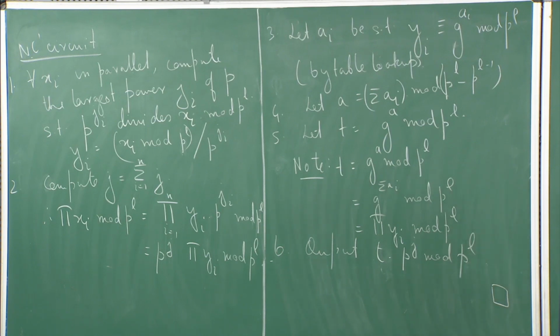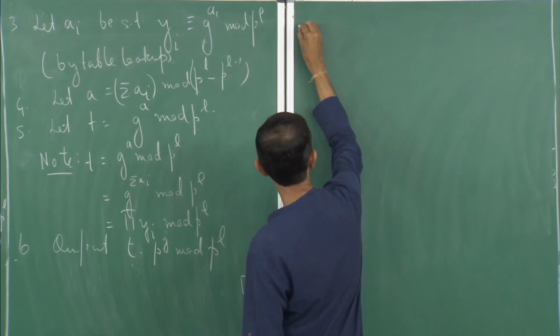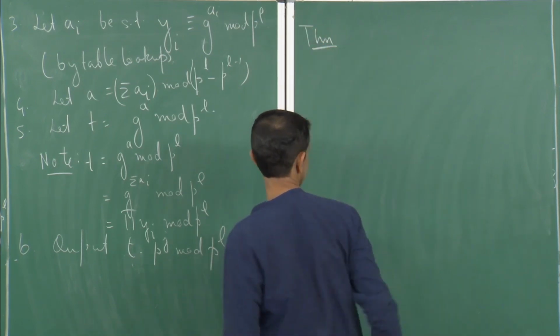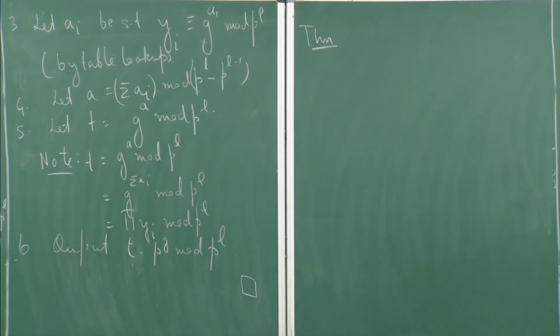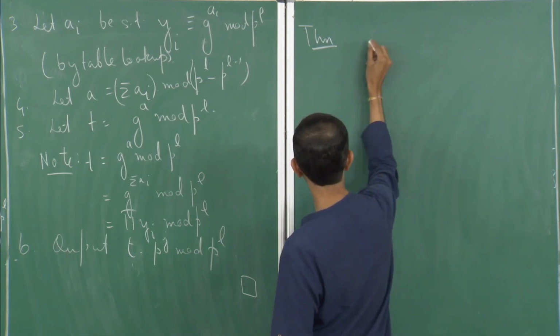So for that, before getting to that, let me state one more exercise for you, or let me state it as a theorem, and you can verify the details as an exercise. This is something that is not difficult to see.